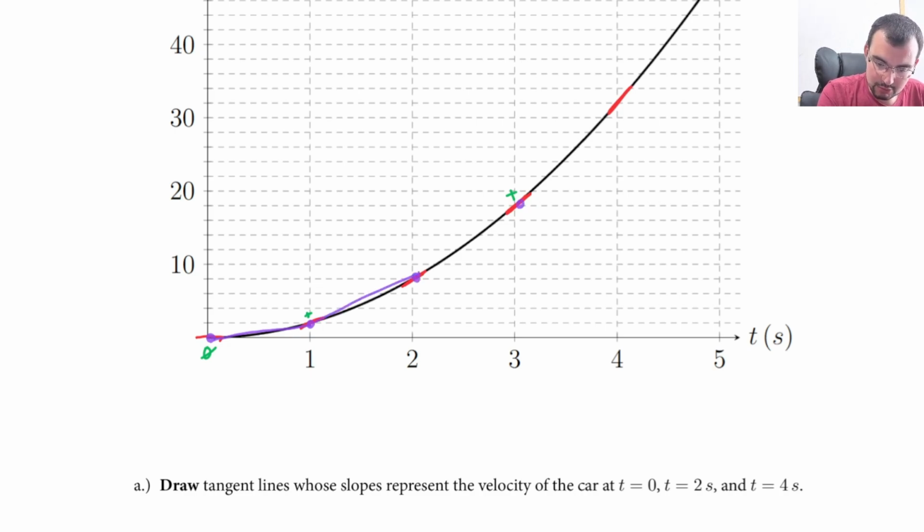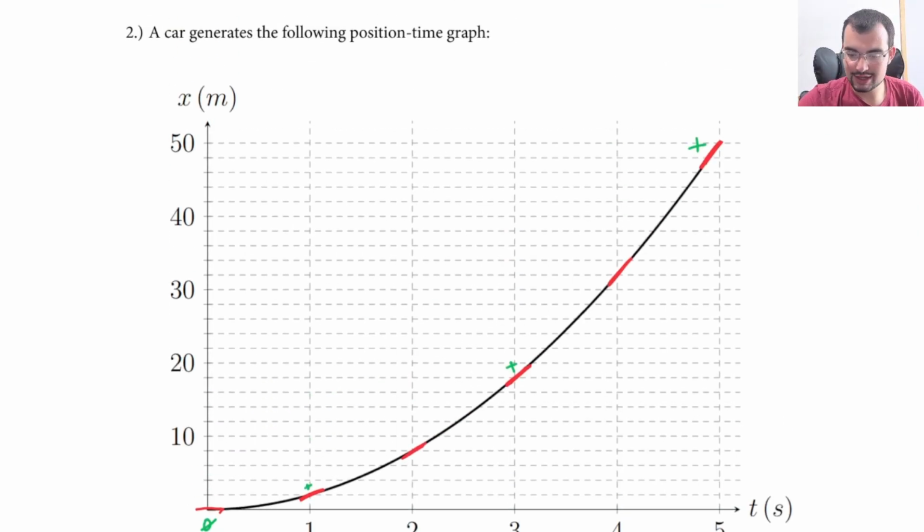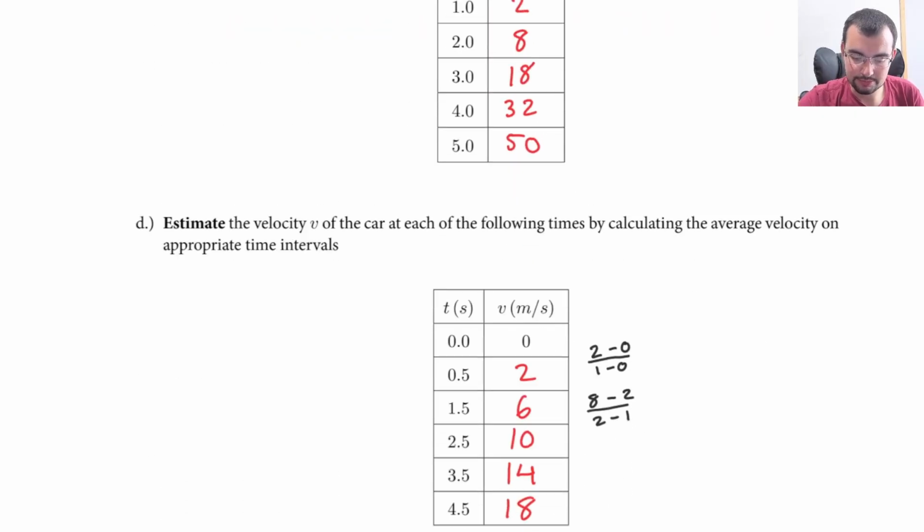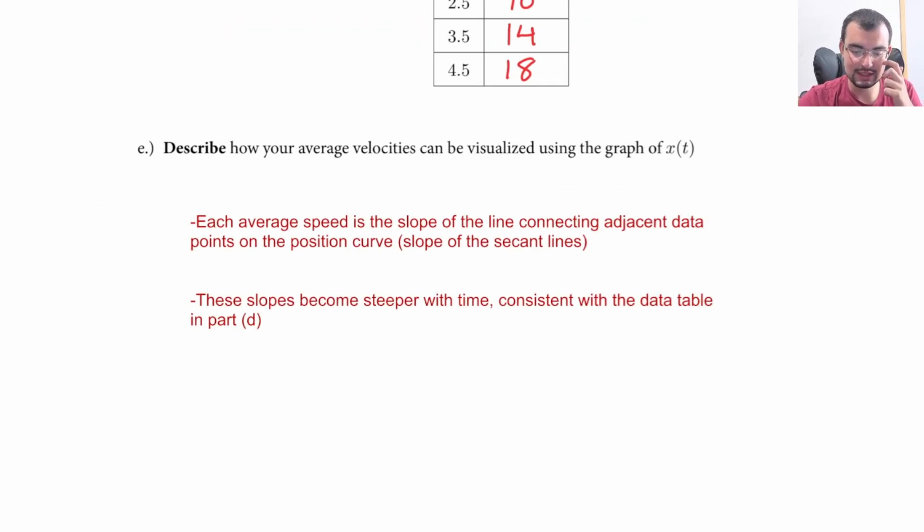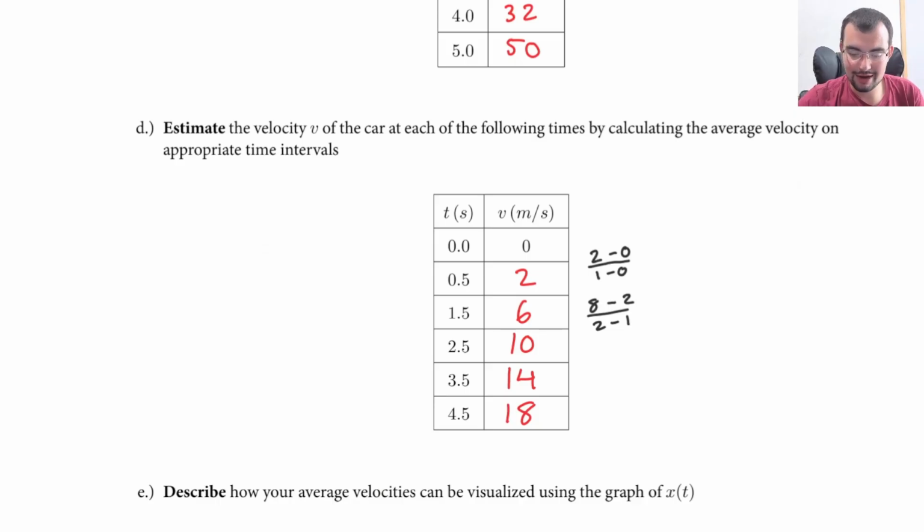The speed at 2.5 is roughly the slope of this line. The speed at 4 is roughly the slope of this line. So we have a special name for that, right? That is our secant line. So we can visualize our average, and we see it is going up, as the slope of the secant line connecting the adjacent data points on the curve. And those do become steeper with time, as we saw from the graph, and as we can definitely see from the numbers.